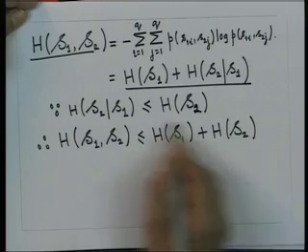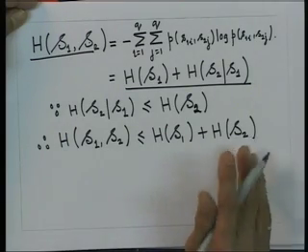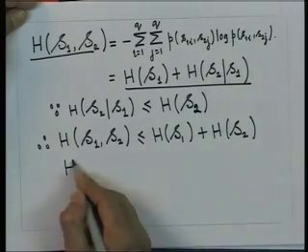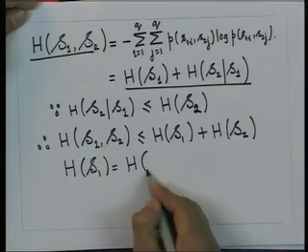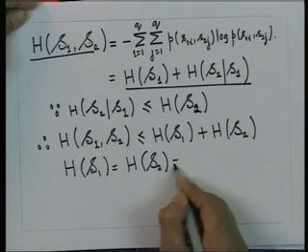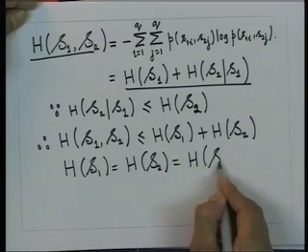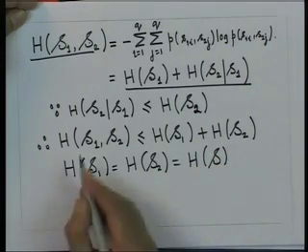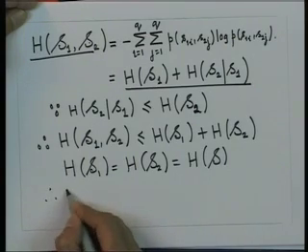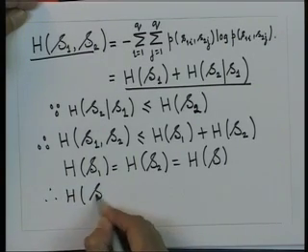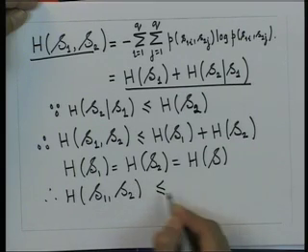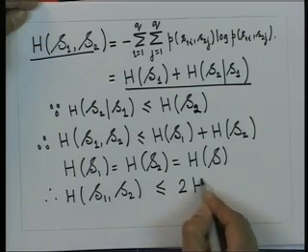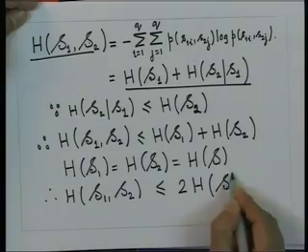If you assume that the Markov process is stationary and ergodic, then H of S1 is equal to H of S2 is equal to H of S, and therefore H of S1 S2 will always be less than or equal to twice H of S.